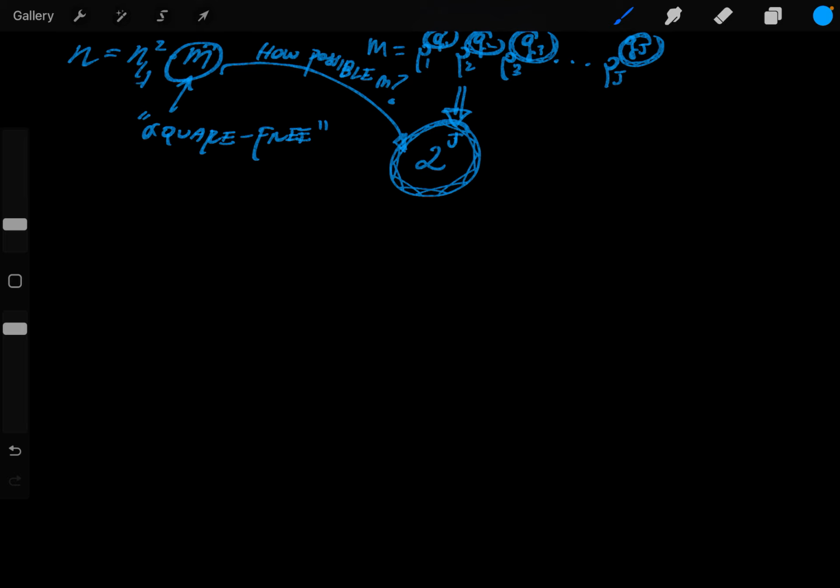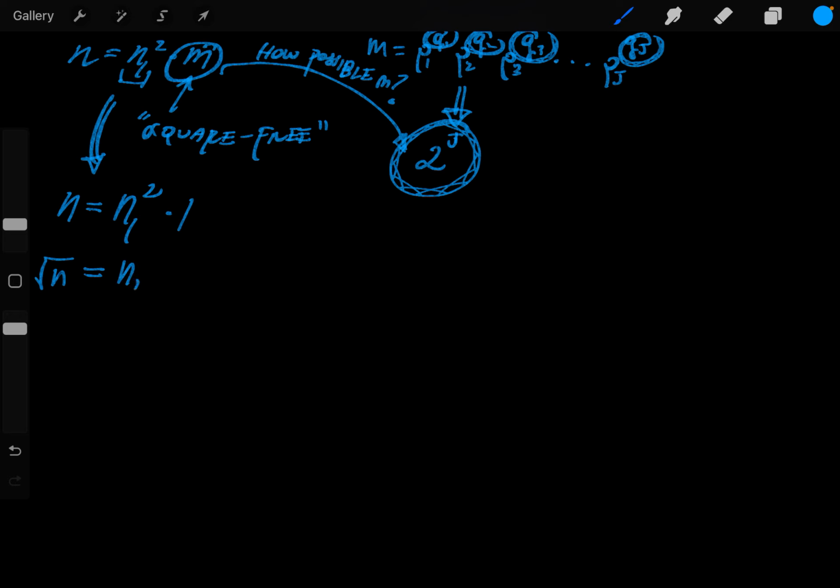Now let's look at n1. If I minimize m, then I maximize n1. I don't know whether m is a minimum, but if m is a minimum, then the square root of n is equal to n1.